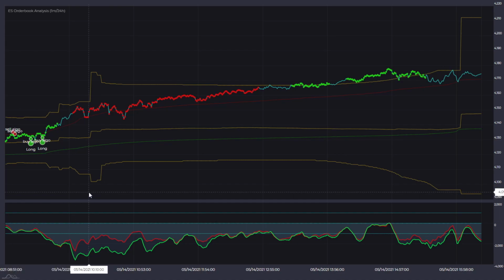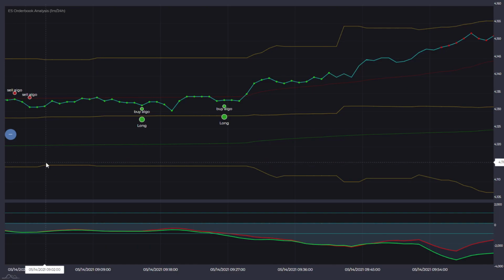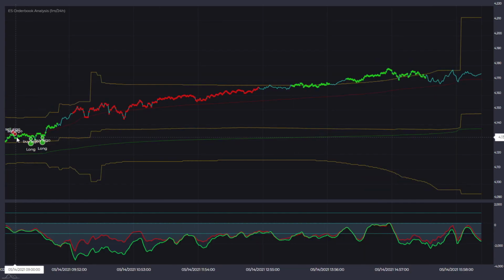Okay, so when do we exit these positions? I can only speak from the perspective of my strategy, which is based on these indicators. And I'm not saying that this is the best approach. It's just the one that I'm testing right now. And the way I do it is I exit on three different occasions.